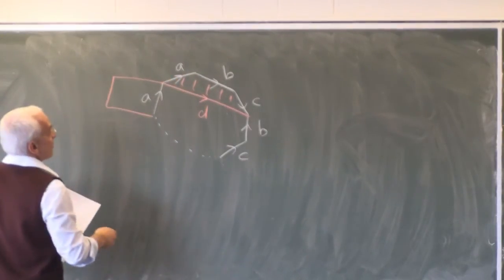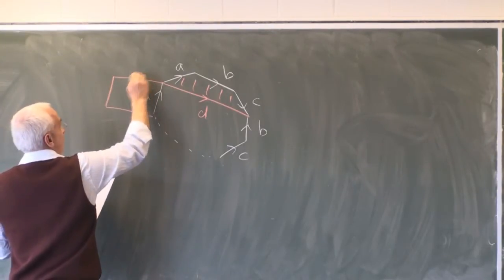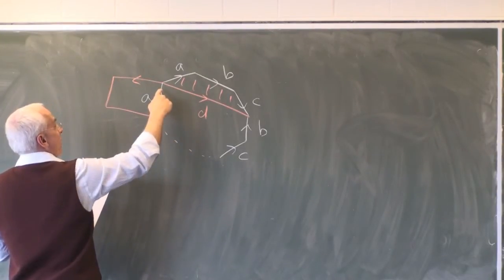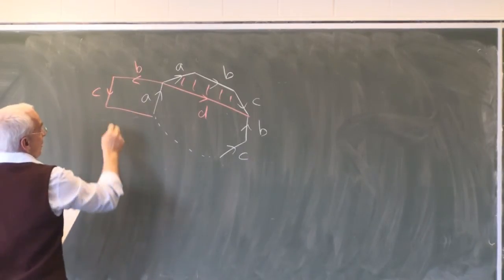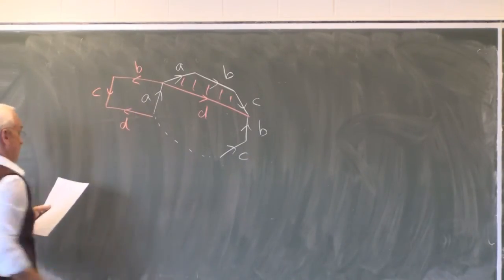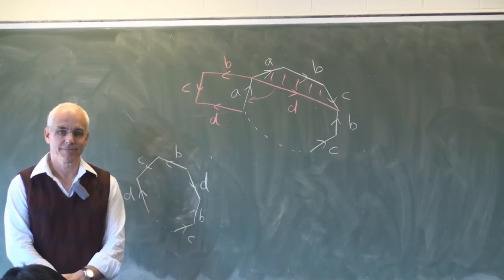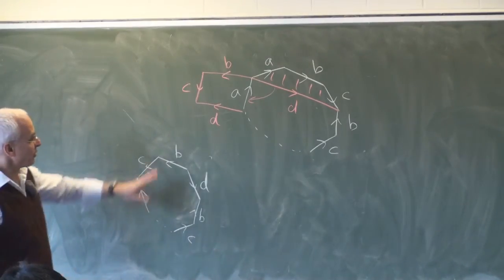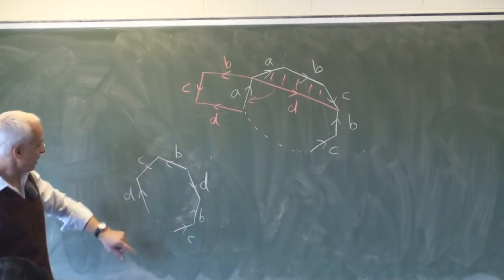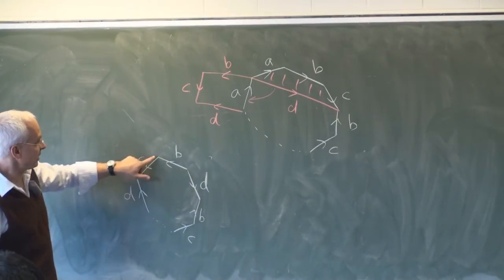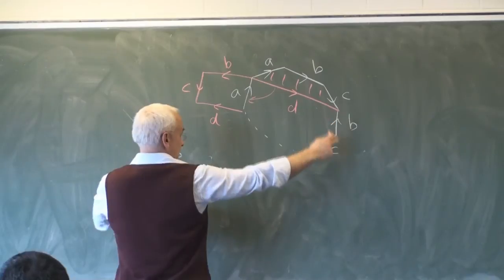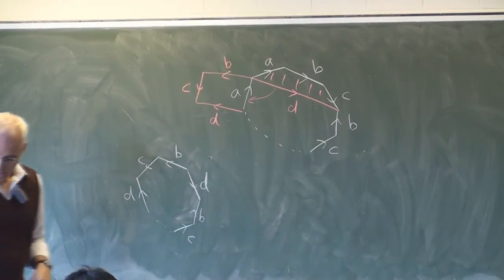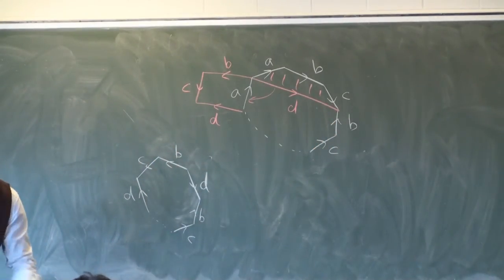And that means this will have to be A followed by B, followed by C, and then going against the grain of D. Okay, so after we've made this cut and moved this over, we get D, C, B, then D, B, and C.